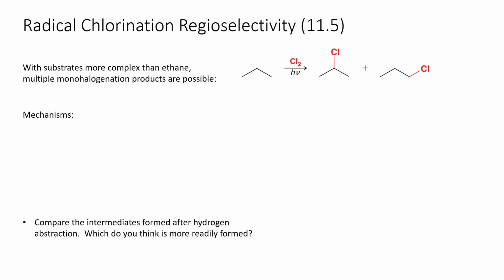When we think about the mechanism, we're going to compare the intermediates formed after the hydrogen abstraction. So remember, we must have that initiation step, and basically we will shine light on chlorine. We're only going to begin after we have the carbon hydrogen abstraction. So I'm going to see here.